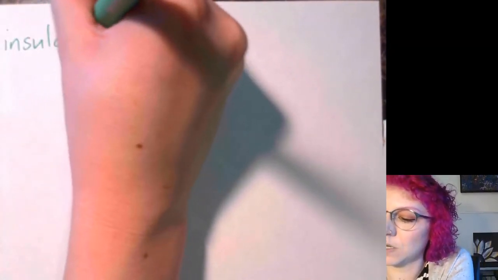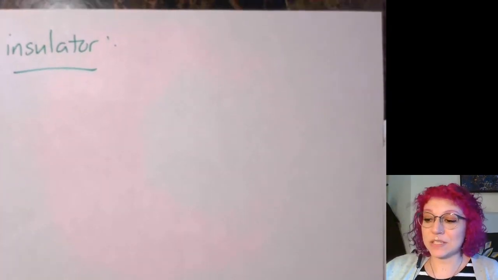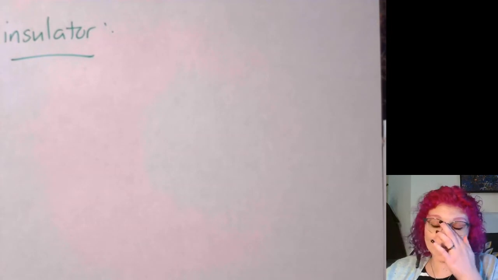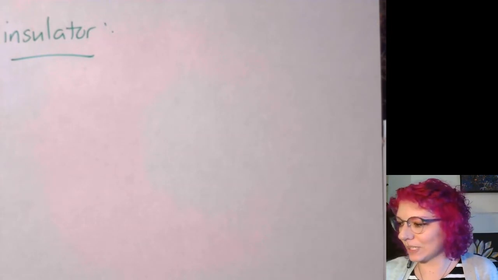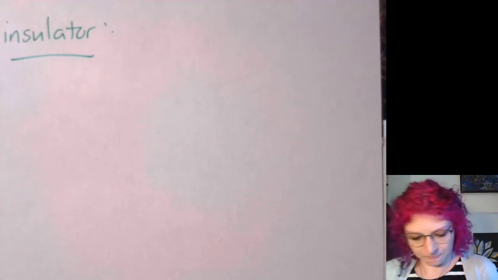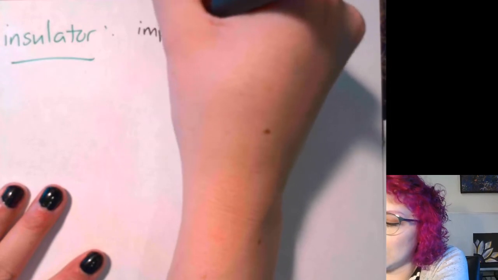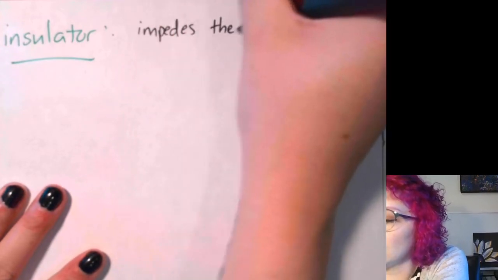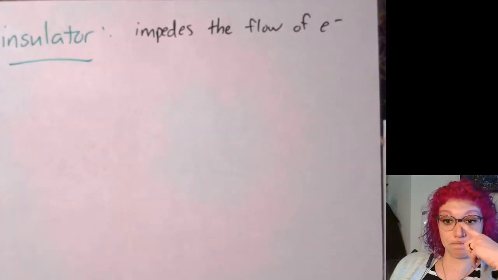So let's start with insulators. I know that you're familiar with these terms in your day-to-day lives, but let's give a little bit more definition to it. So an insulator impedes the flow of electrons.